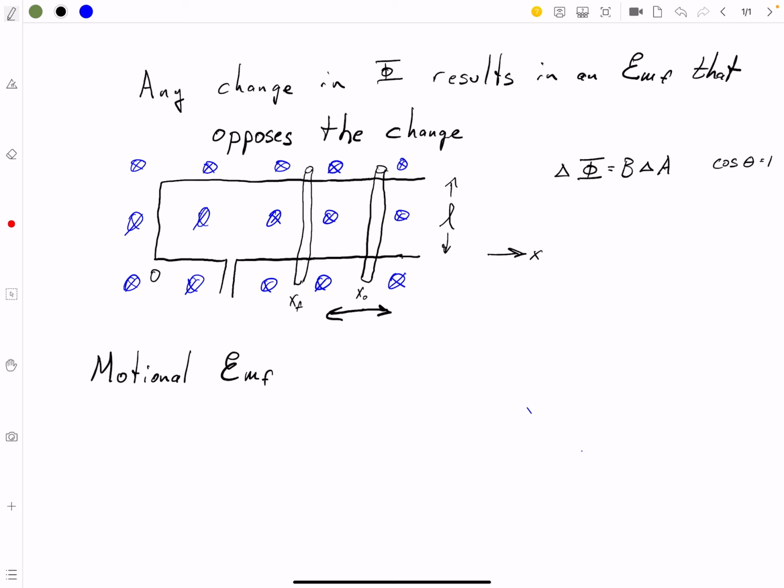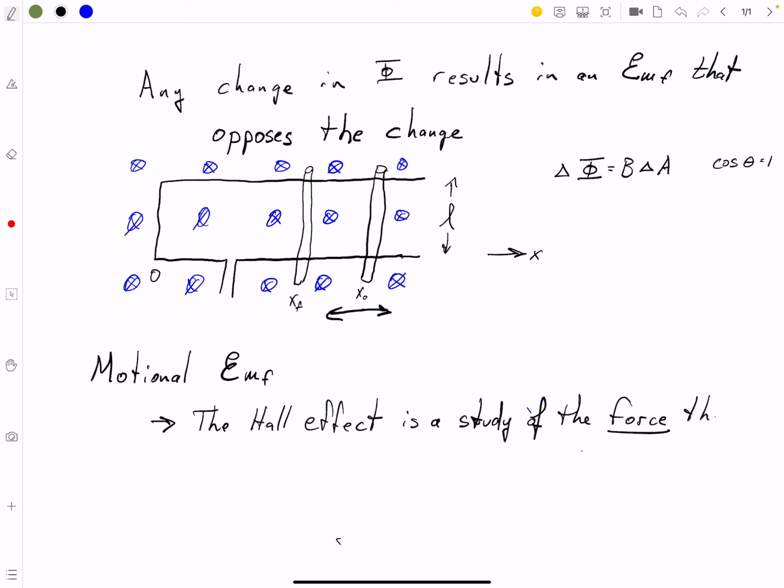The Hall effect is a study of the force that comes from a moving charge in a magnetic field.